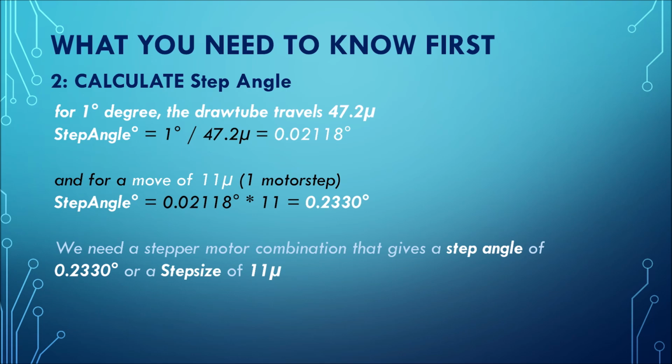If we multiply that by 11, which is the motor step size, we get a step angle of 0.233 degrees. So we can now use both the step size of 11 microns or a step angle of 0.233 to determine which stepper motor and driver combination is going to be in the ballpark region.